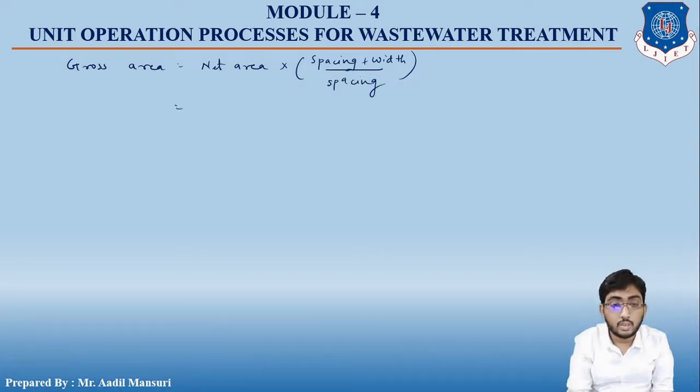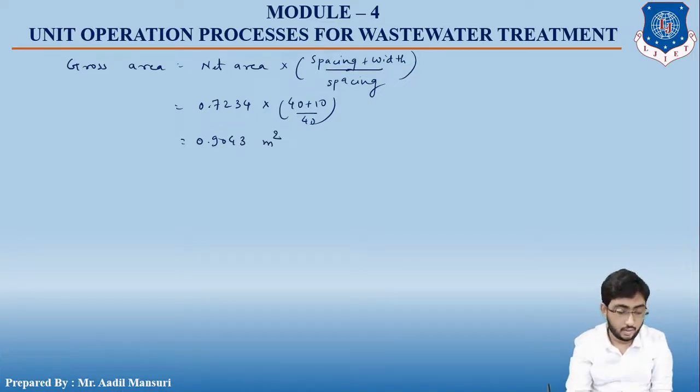Okay, so this will be equal to 0.7234 into 40 plus 10 divided by 40. So this will be equal to 0.9043 meter square. Okay, so this will be the gross area of the screen.